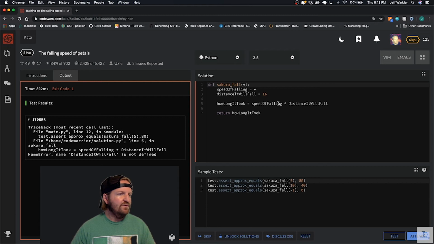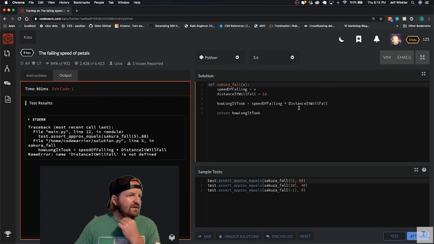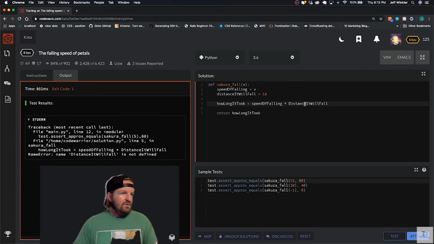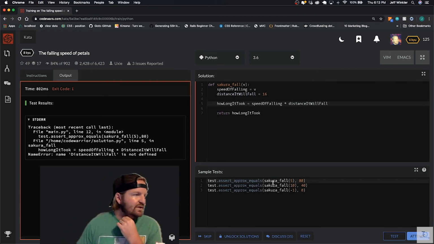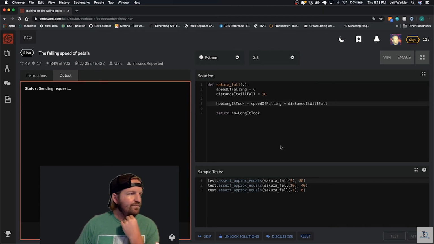Distance it will fall is not defined. Oh, duh. Capital D instead of a small d. Let's run it.